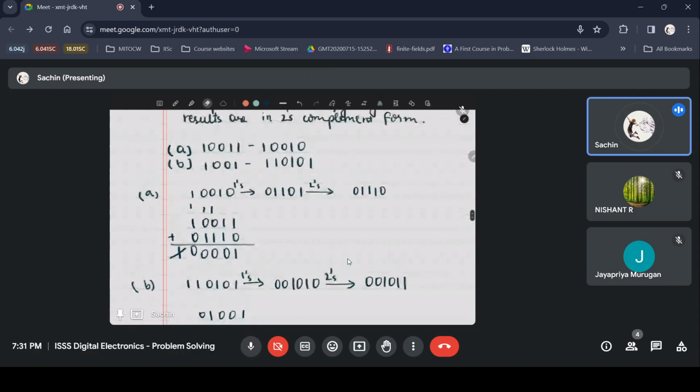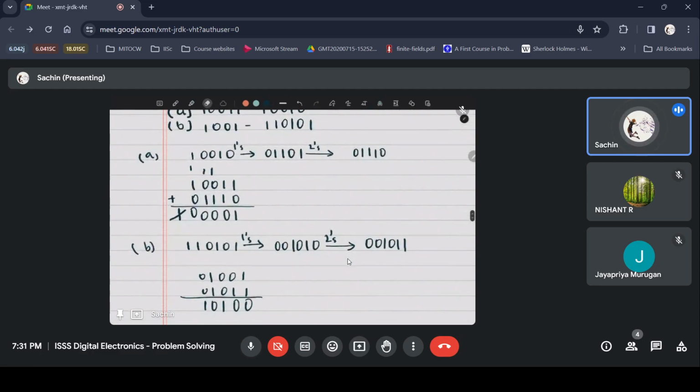We subtracted a larger number from a smaller number, so the result, okay, we subtracted a negative number, so the result in the end is a positive number. So the answer was right.